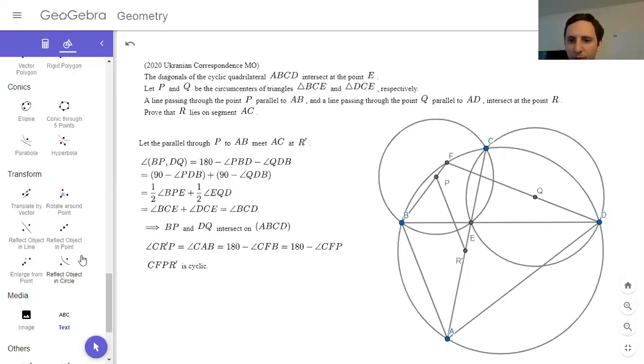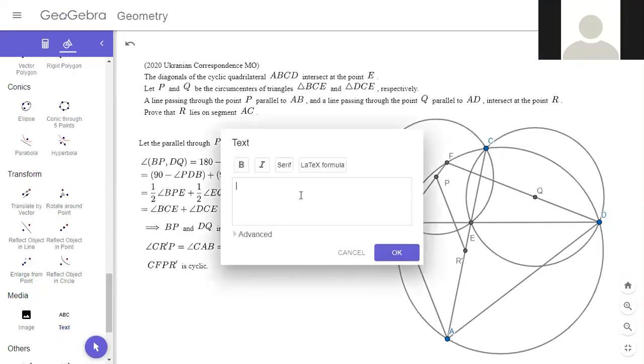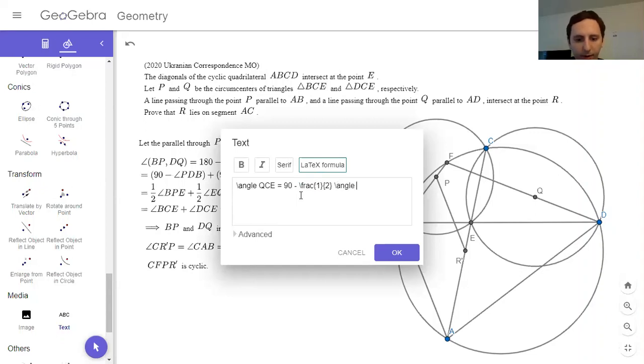Okay, so I'm just thinking through this. So we have angle QCE is 90 minus half of angle CQE, which is 90 minus angle CDE.